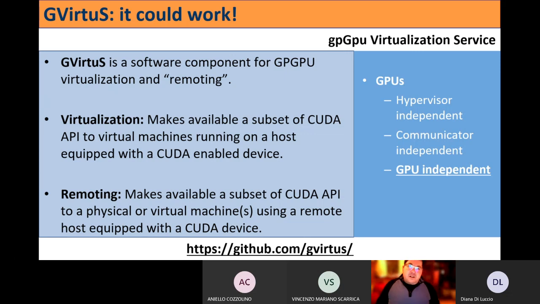In particular, GVirtuS is hypervisor independent. We can use GVirtuS with different hypervisors, and it is even communicator independent, because in case we have different deployment scenarios, we can have, for example, the need to connect the backend and the front end using just TCP/IP or InfiniBand, or shared memory between the physical machines and virtual machines.